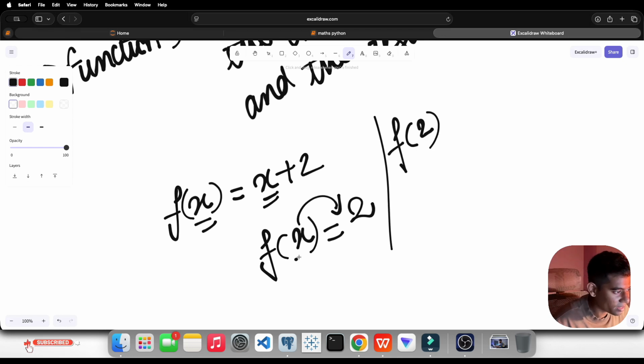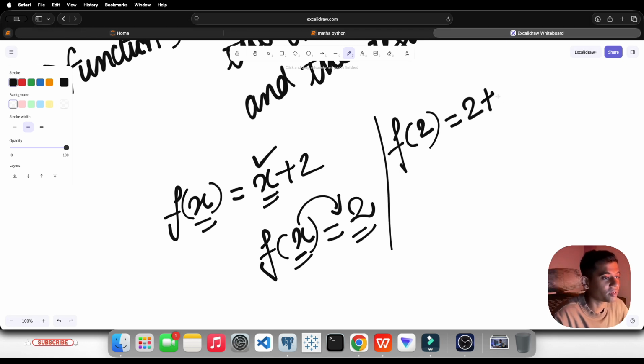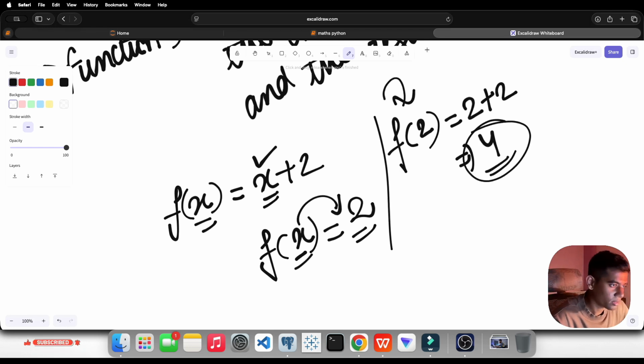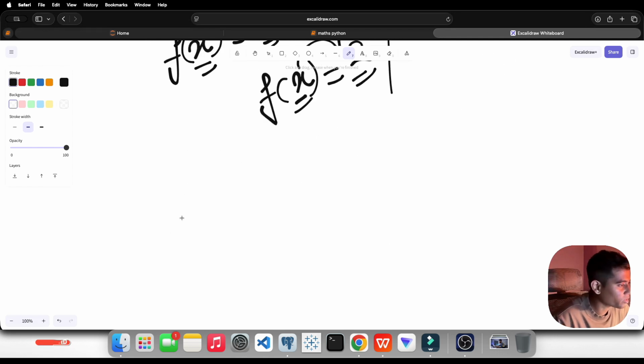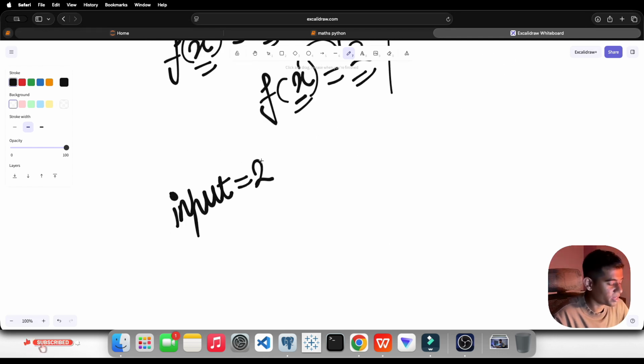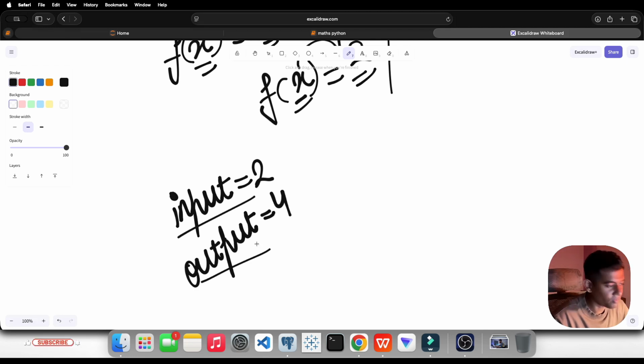F of 2, I mean in place of x I will write 2. 2 plus 2 equals 4. So input and output, and here what's the input and output? I would say the input will be 2 and the output will be 4. Simple. This is what function means, and it is easy, no need to worry about it.